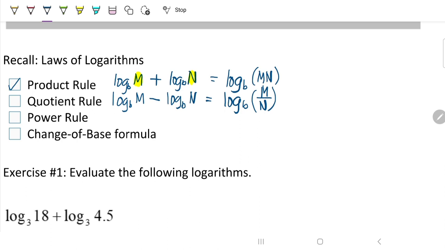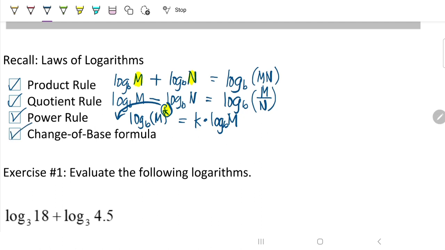And for the power rule, let's say we have here log base b of m raised to the power of k. The power rule states that we can replace or transpose this exponent such that it becomes k times the log base b of m. Essentially, we move the exponent to become our coefficient.